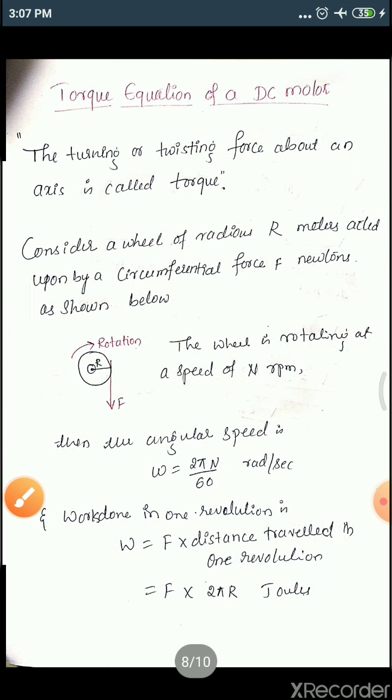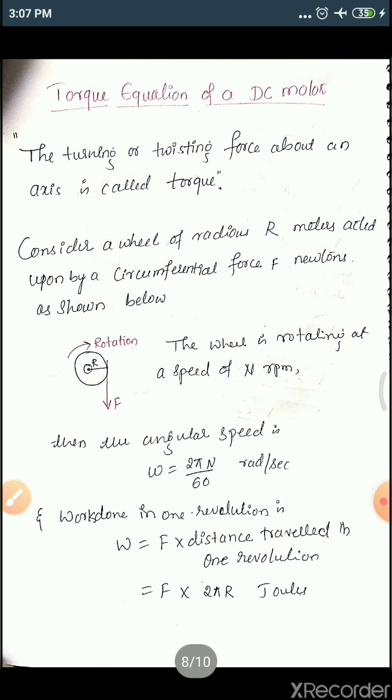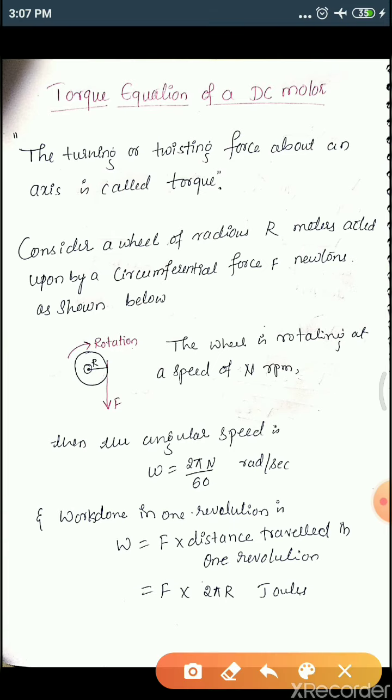Next, we'll move to the torque equation of a DC motor. What do you mean by torque? Torque is nothing but the turning or twisting force about its axis.